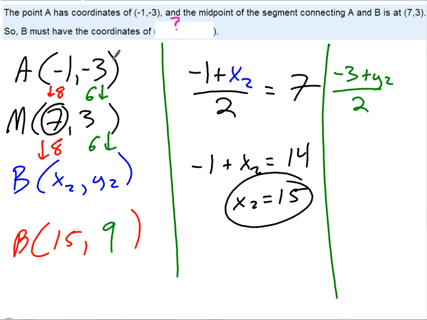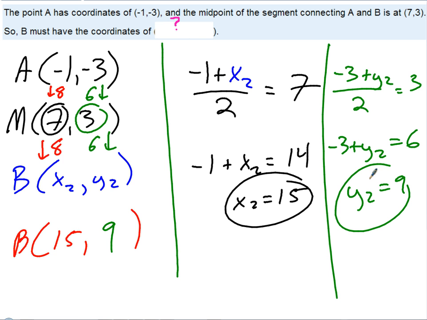So the average of those two has to equal 3. Same steps, right? So multiply by 2. And then what? Add 3. So there's my 9. Okay? Make sense? Okay?